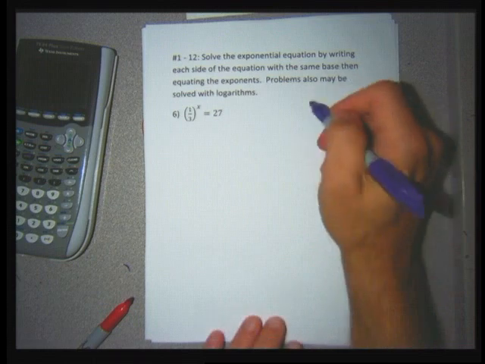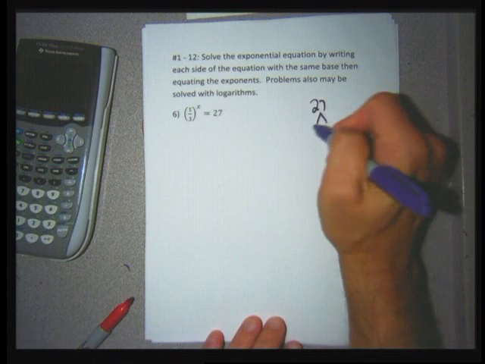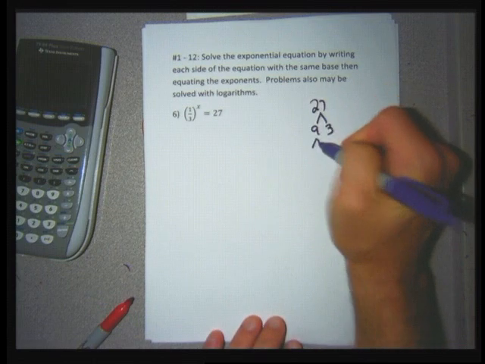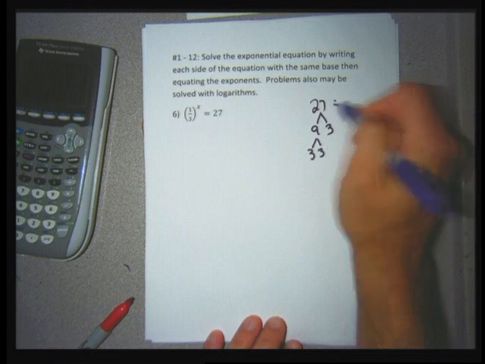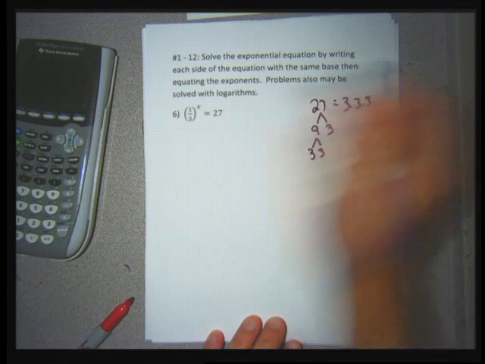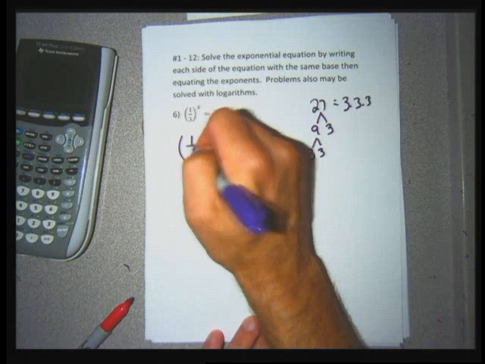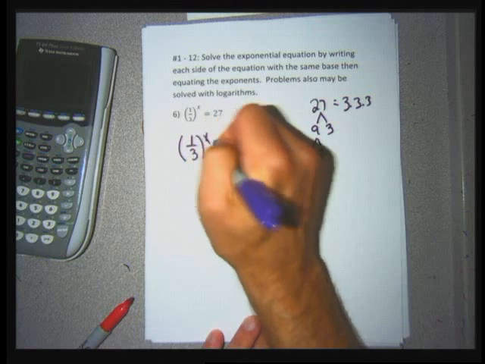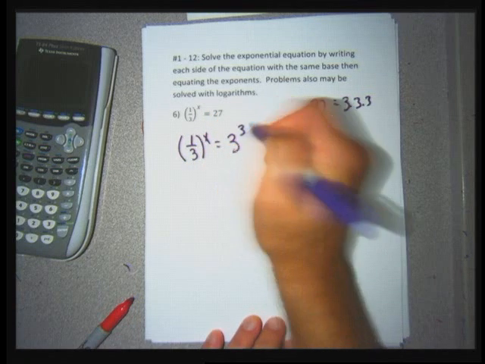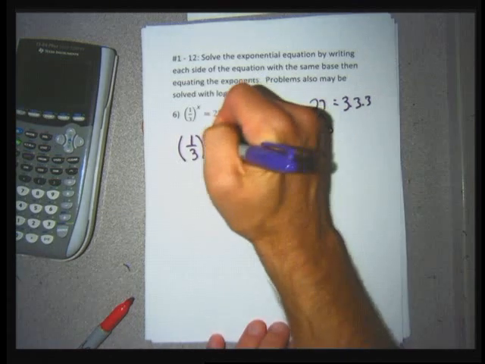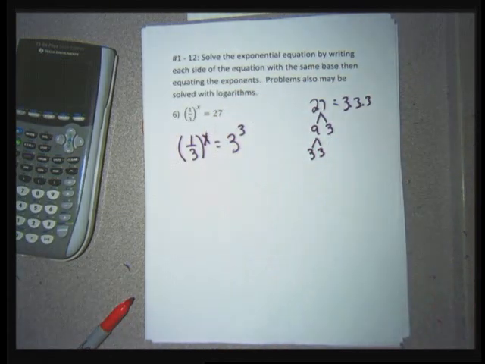27, if I did a prime factor tree for 27, 27 is 9 times 3, 9 is 3 times 3, so 27 is 3 times 3 times 3. It's not terribly hard to get the problem written like that. Unfortunately, that's not enough because both sides don't have the same base.